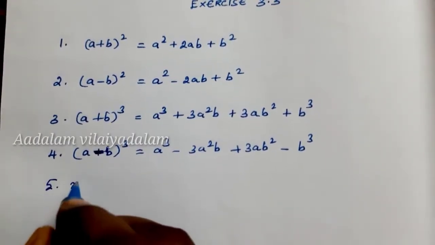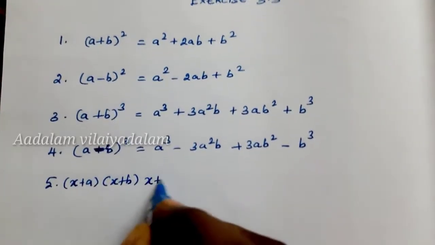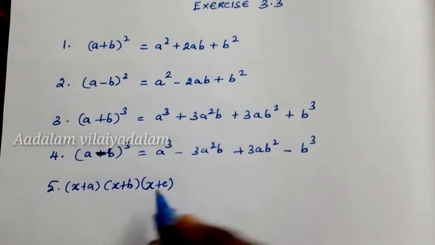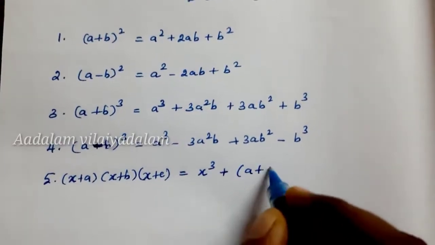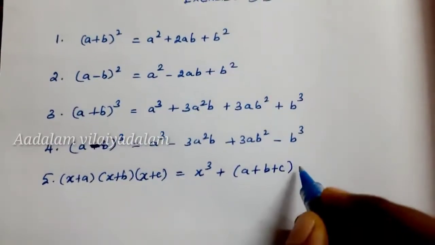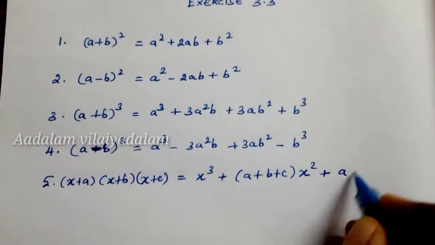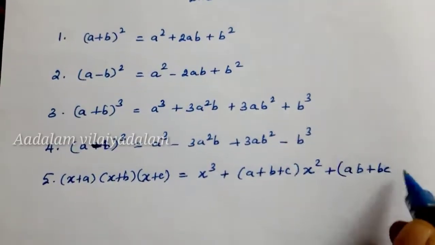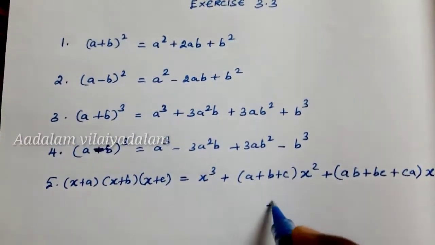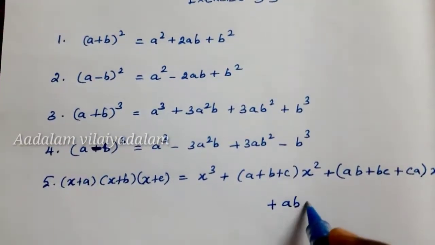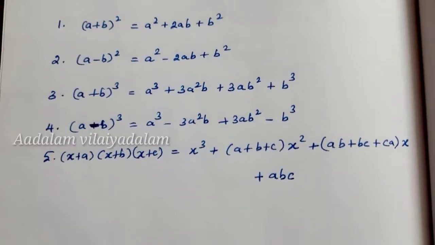We can recall it: (x + a)(x + b)(x + c). The multiplication of these three gives x cube plus (a + b + c) into x square, the next term is (ab + bc + ca) into x, and the fourth term is a into b into c. So this is the required fifth formula.